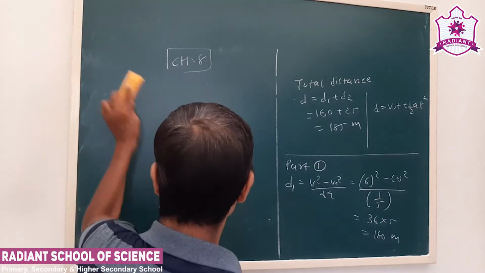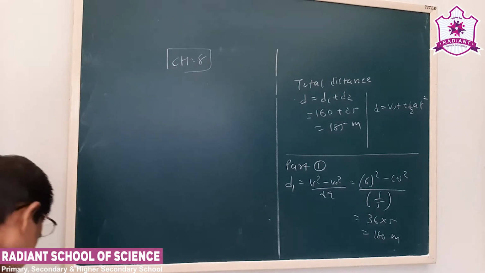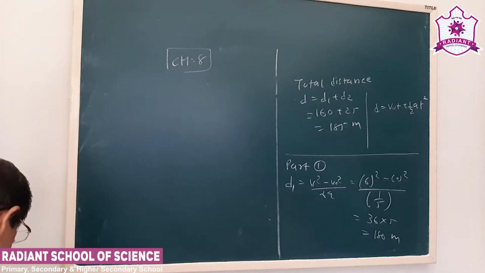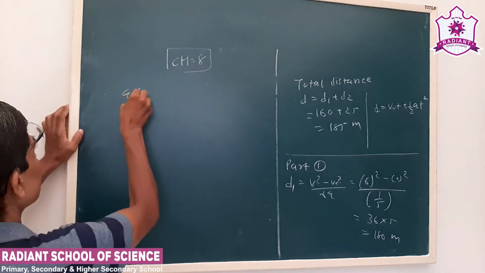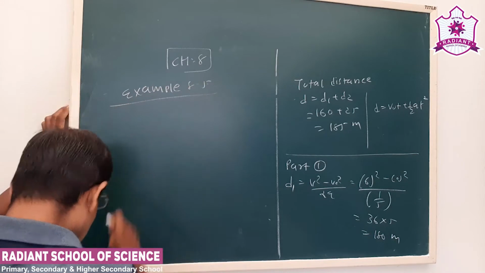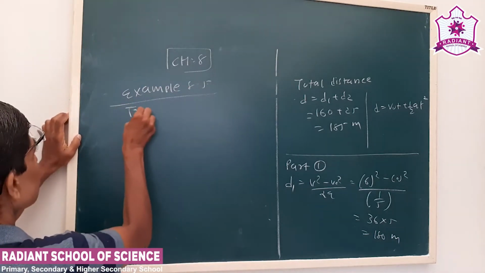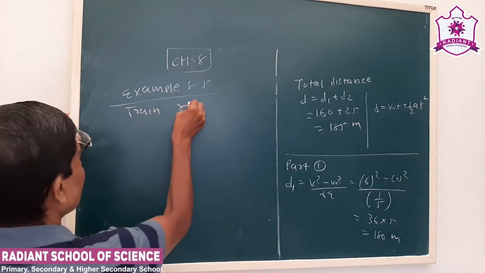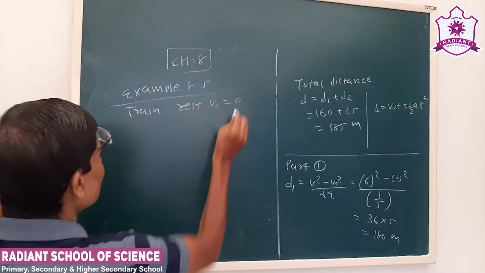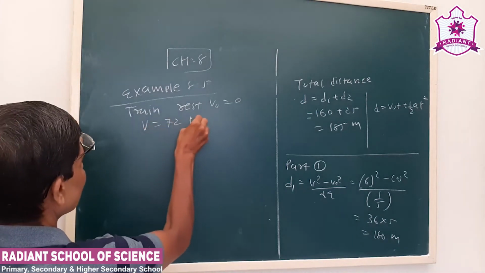Now we proceed further. Next is our example 8.5. Now, a train starting from rest, that is V0 is 0, attains a velocity of 72 km per hour.